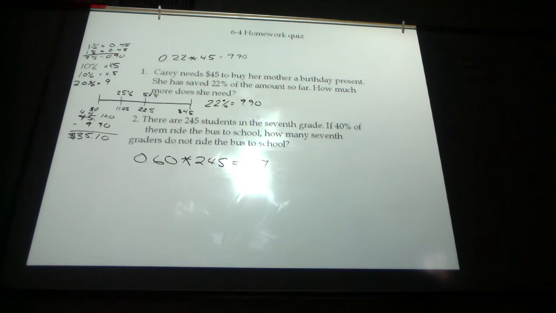It should be. 78% of 45 should be that $35.10. Does that make sense to everybody? So we could have done that the reverse way with number one as well. Either way, we're finding percent of a number. It's your job to determine what that percent of the number is by reading the problem.